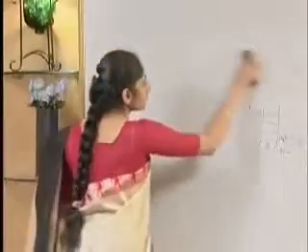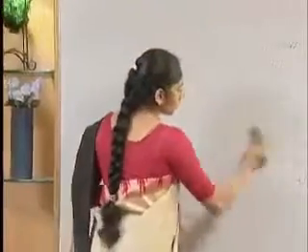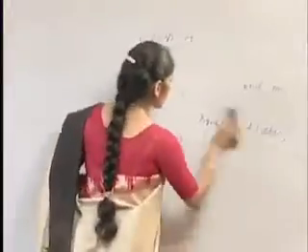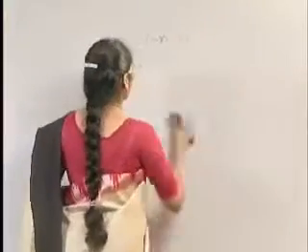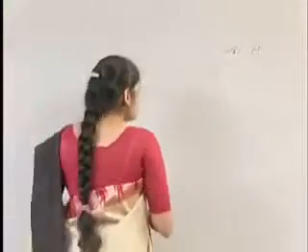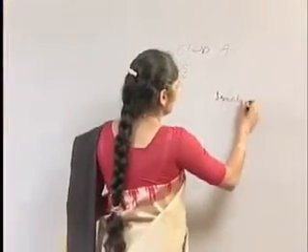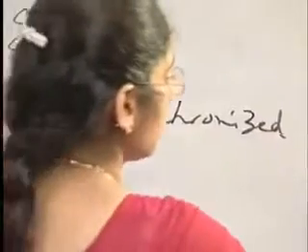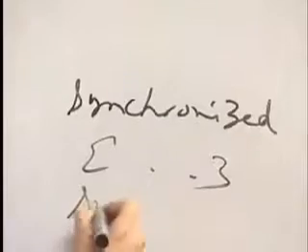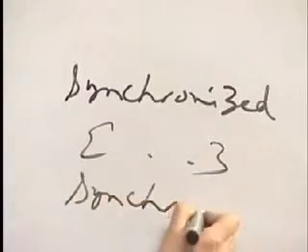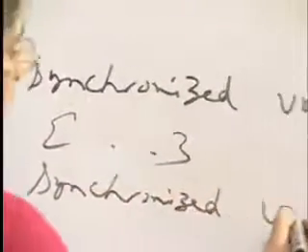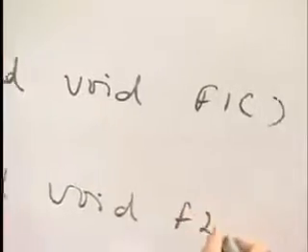Now let's take a look at some scenarios of how it works with a lock. Let's assume I have class A which has synchronized void F1 and synchronized void F2.